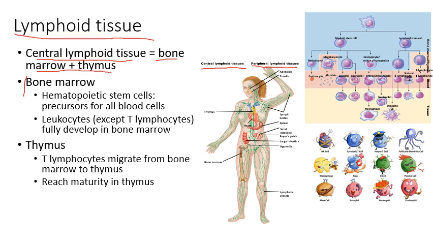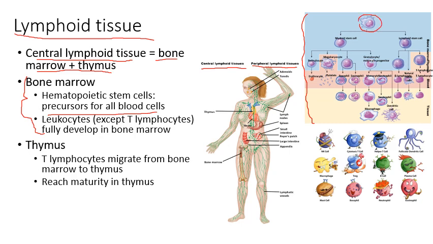Okay, the bone marrow. What's its job? Basically, this is what's taking place in the bone marrow: all of the cells of the blood are made in the bone marrow.